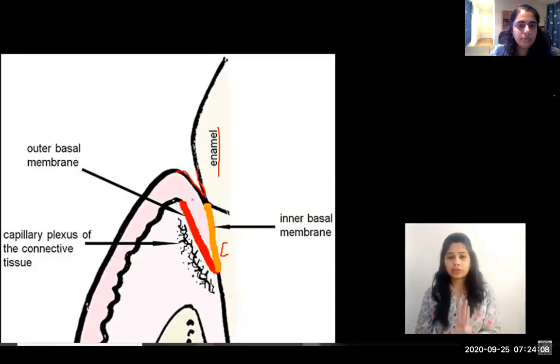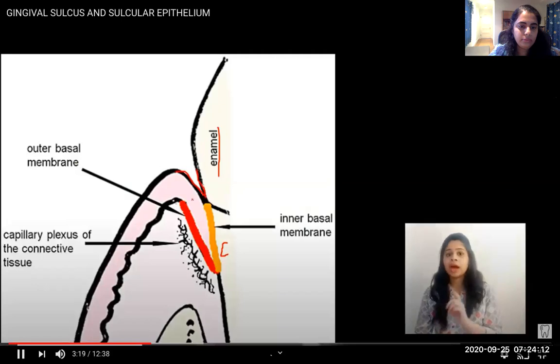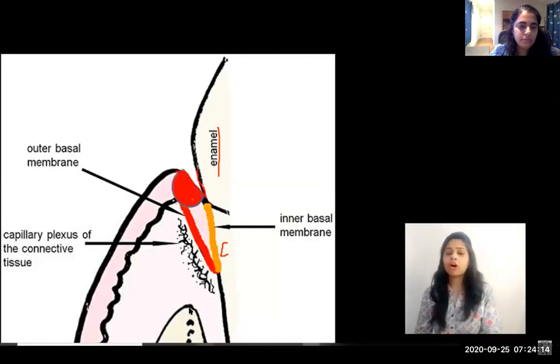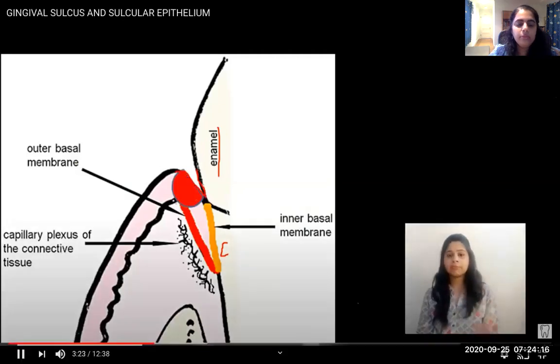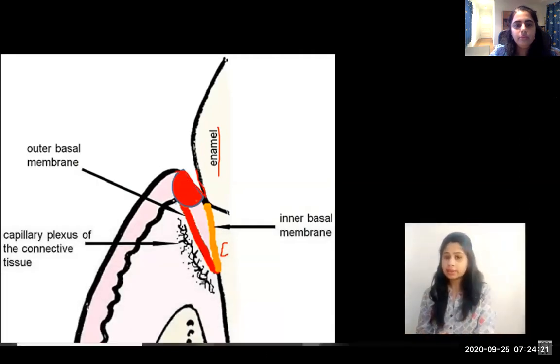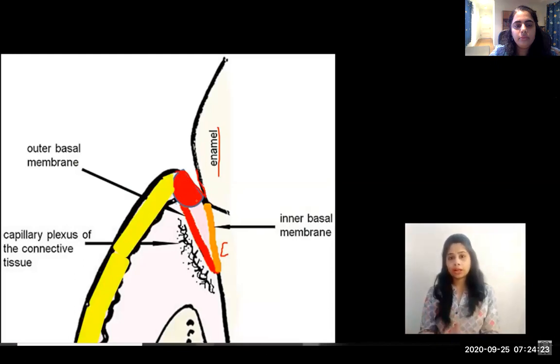Now there are three types of epithelium which is present in the oral cavity. The first type of epithelium is called as the sulcular epithelium because it lines the gingival sulcus. The second most important part is the oral epithelium. It is otherwise called as the outer epithelium, and it is the epithelium which is present towards the external surfaces.